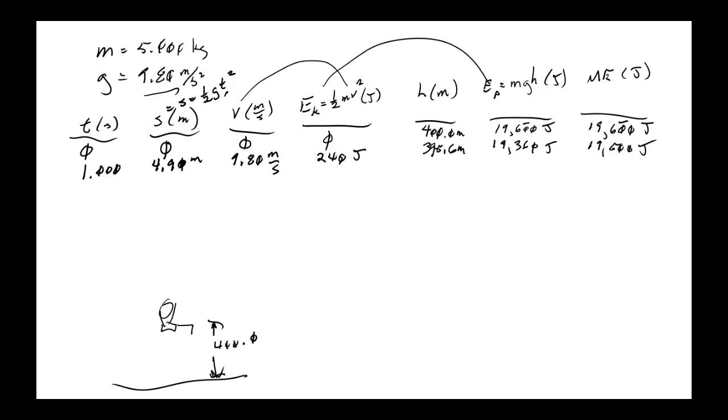Okay, now I'm not going to do all these. Obviously it takes a while, but let's do 2 seconds, just to make sure we got it. Now you use this formula here, 1/2 gt squared.